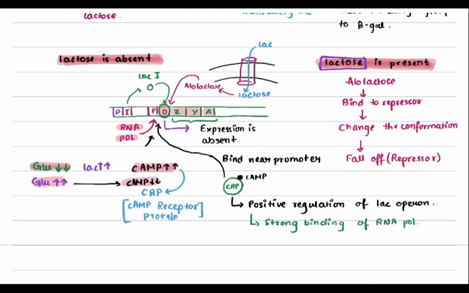we do not need to synthesize, the bacteria do not need to synthesize the structural genes that are responsible for lactose metabolism. And hence, when glucose is high, it will utilize the glucose.